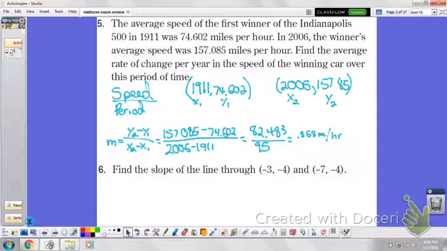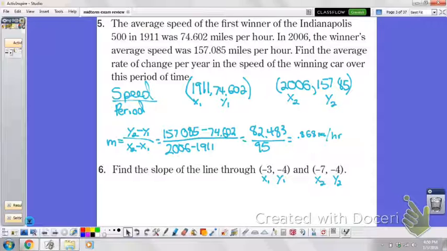Number 6, we were finding the slope of the line through -3, -4 and -7, -4. So again, we're finding the slope between 2 points. So we're going to use the same formula as above, y2 minus y1 over x2 minus x1. So let's use -3 as x1, -4 as y1, -7 as x2, and -4 as y2.